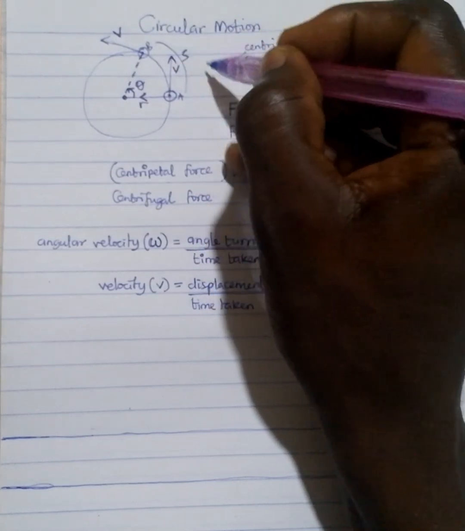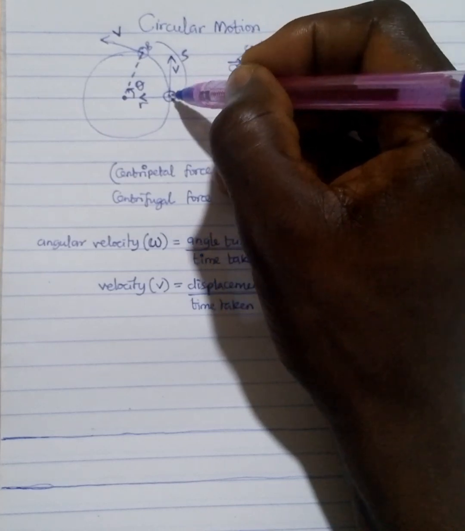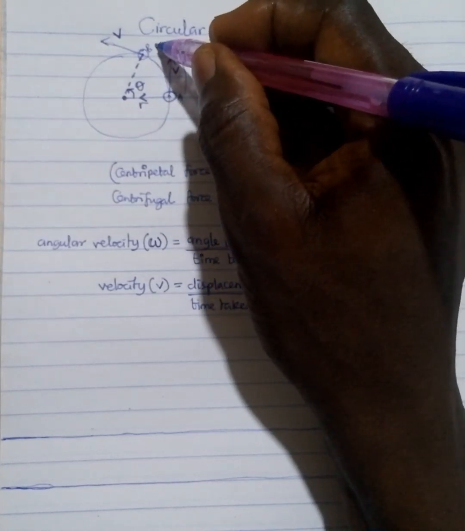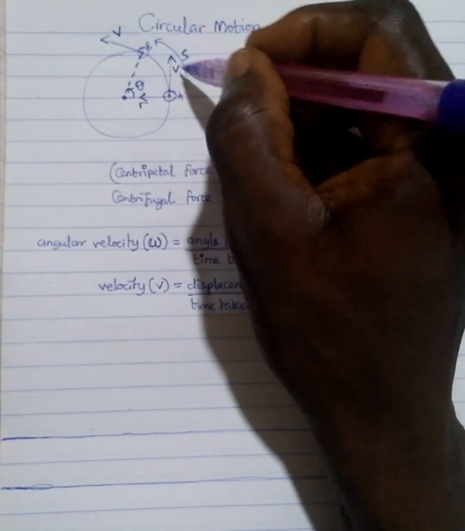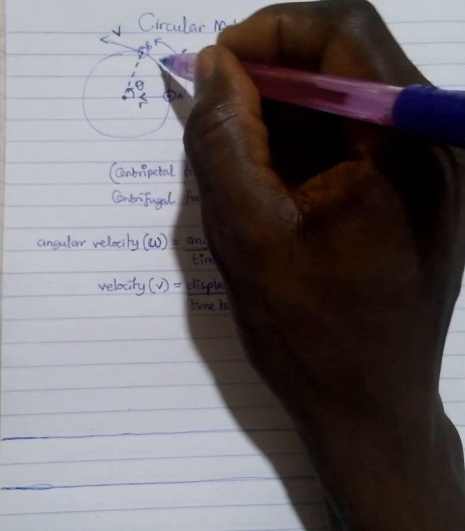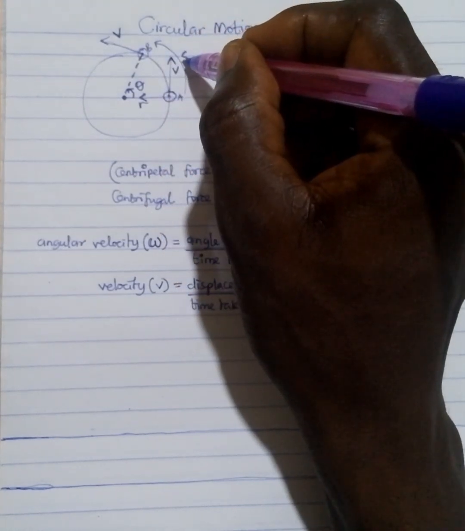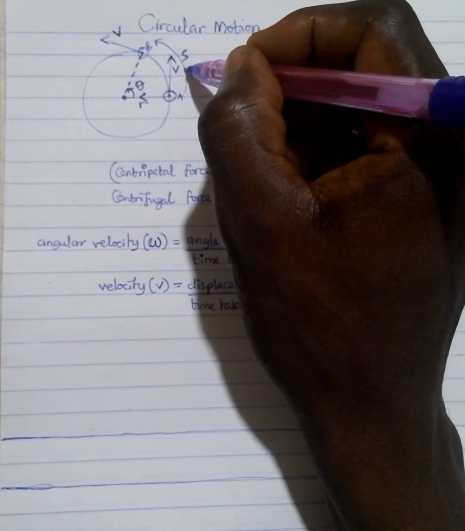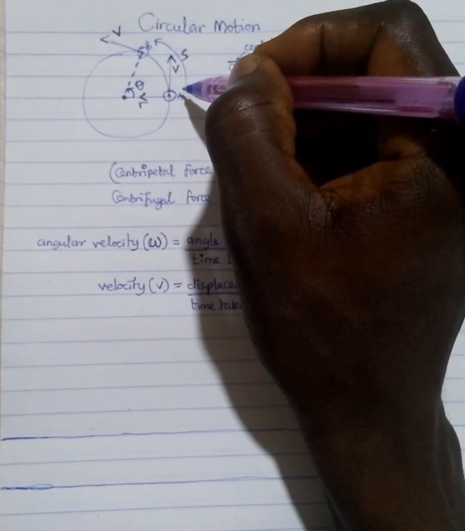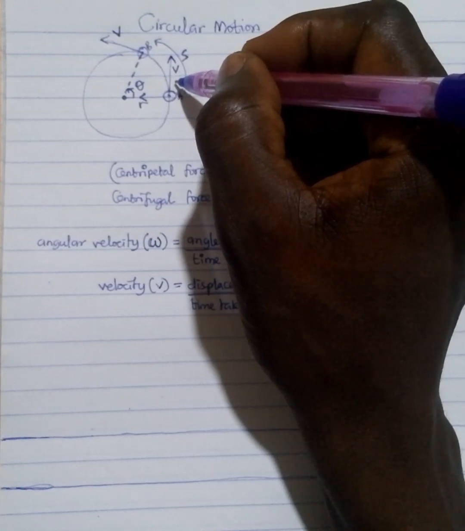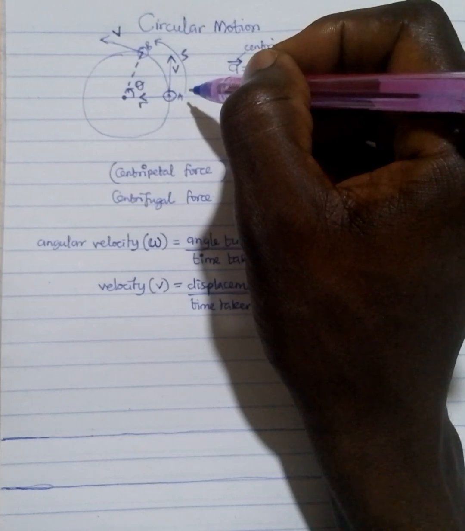The distance covered is along the circumference of the circular path.